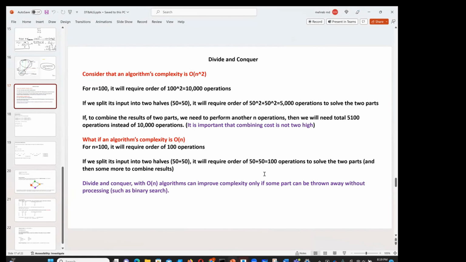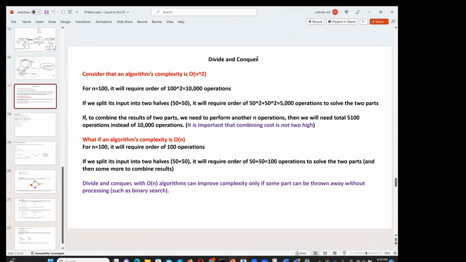So let's introduce you to this concept, divide and conquer. This divide and conquer is a type of algorithm, a class of algorithms, as the name suggests. So are you familiar with the term divide and conquer? It may not be from the algorithmic perspective, it may be from any other perspective.